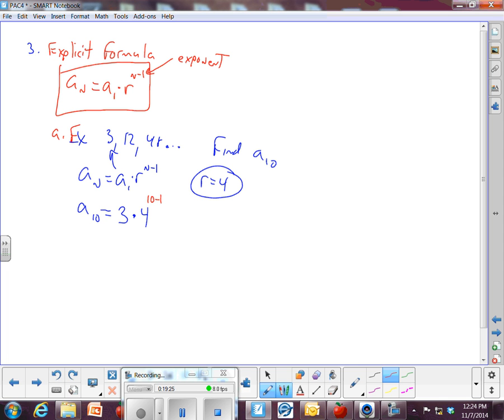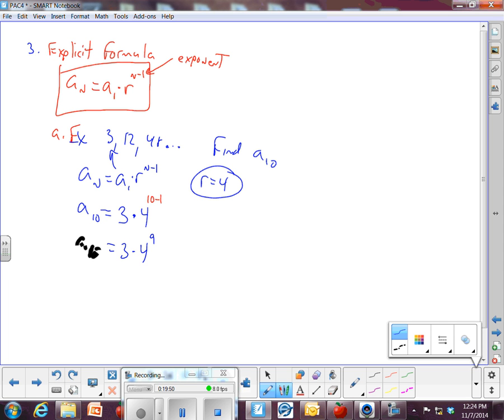And we like these a whole lot better when we use a calculator on them. So let me just show you the next step. A sub 10 equals 3 times 4 to the 9th power. It's a big number. I'm going to use my calculator.